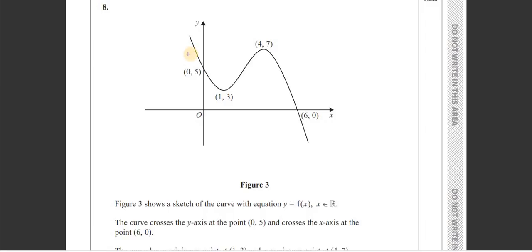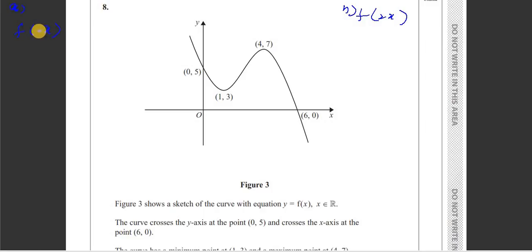They are asking to sketch f of minus x, and in part B they are asking you to sketch f of 2x. This is part B and that one is part A.